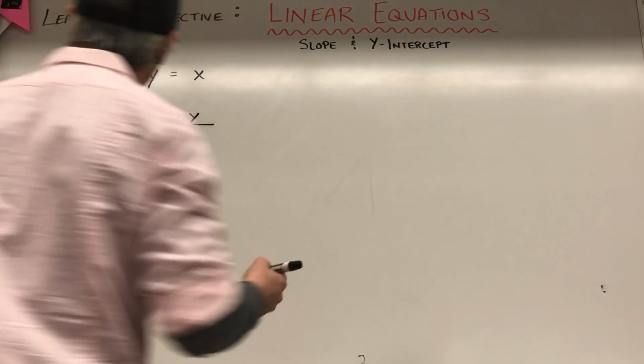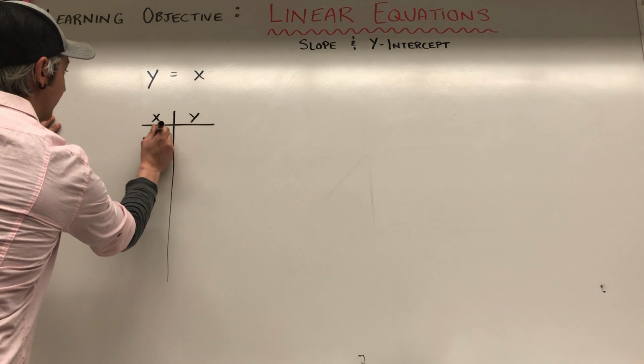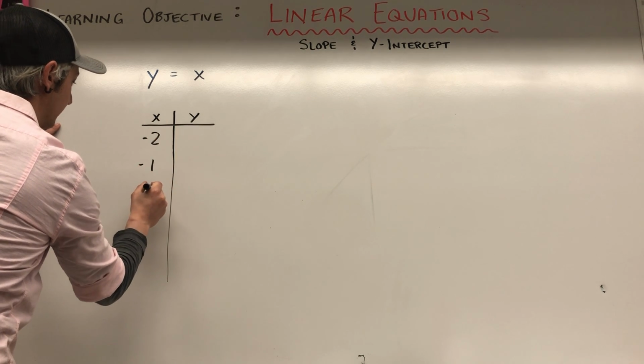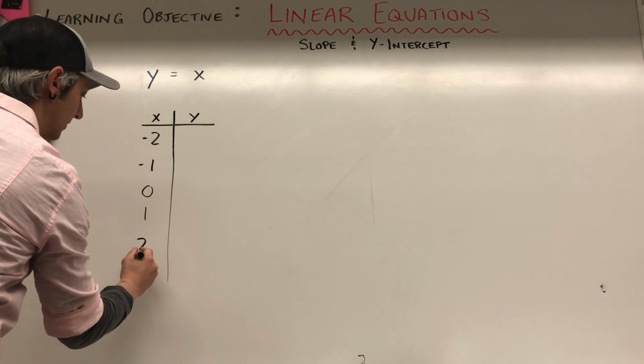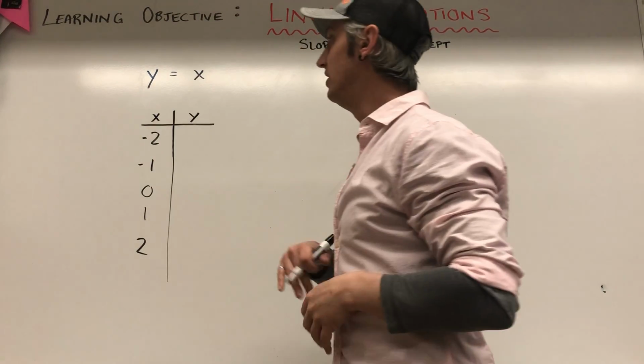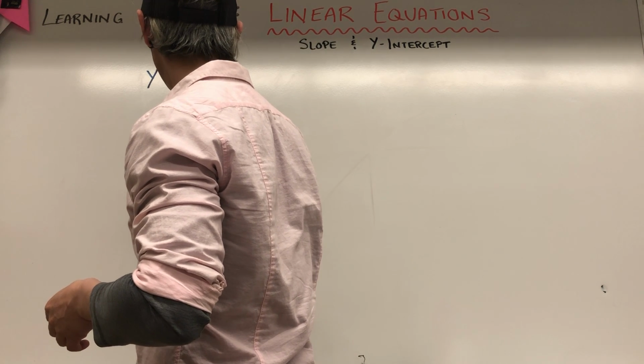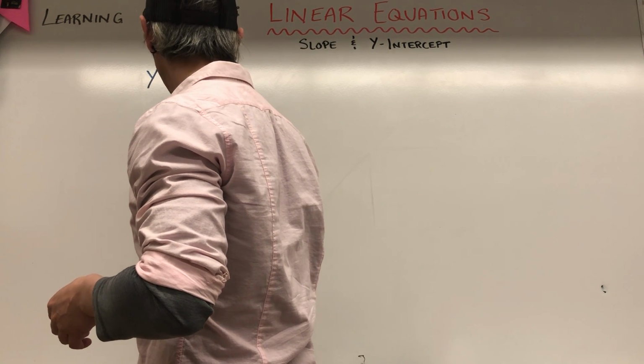Now what I'm going to do is, any equation has inputs. I'm just going to choose random inputs for x, okay? -1, 0, 1, 2. I'm choosing my inputs. Now let's see what my graph outputs based on this equation. Well, if y is equal to x, then y is equal to x.